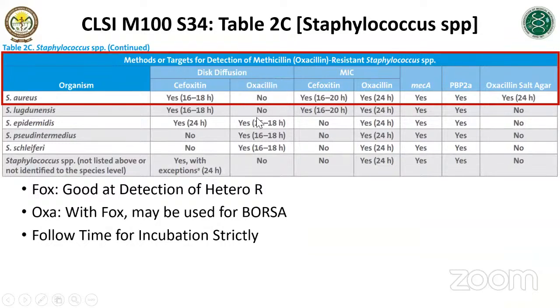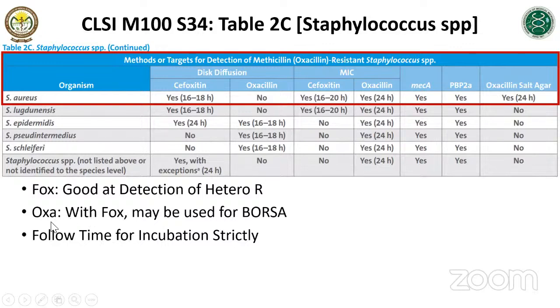That is why I told you that the previous method was obsolete. And then again for the MIC, we have got cefoxitin and oxacillin. So oxacillin MIC we can do for all the different staph species that you have, but the incubation time is 24 hours. Whereas in case of cefoxitin, the time is much lesser. So cefoxitin is good at detection of heteroresistance.